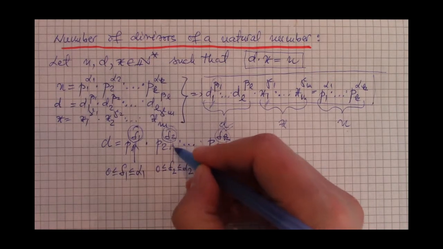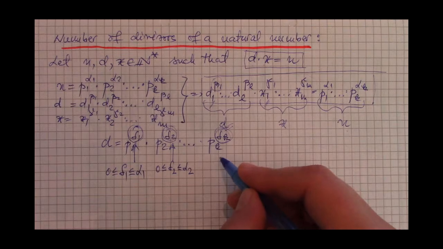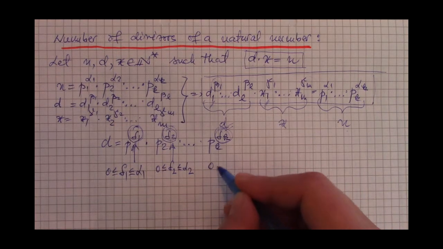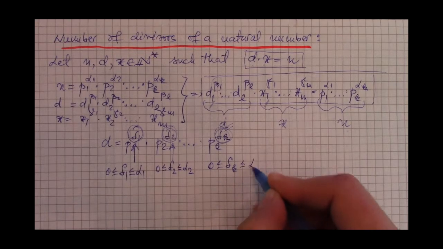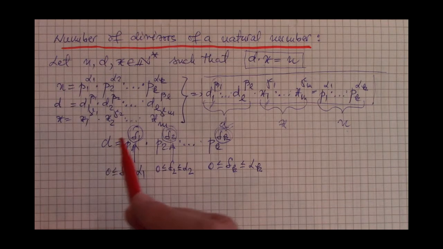This is the condition we have on delta 2. And finally, on delta k, we have the condition 0 is less than or equal to delta k less than or equal to alpha k. So we can write d in this shape subject to these conditions.